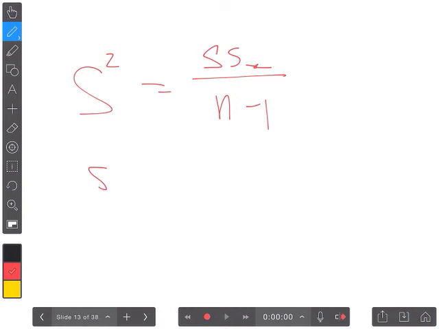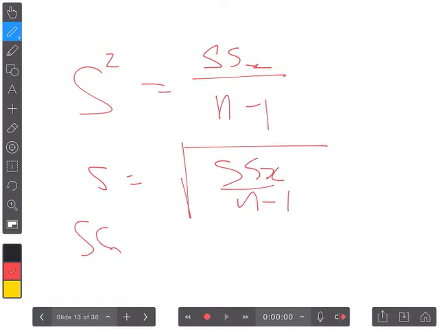And remember how we get S. S is just the square root of SSX over n minus 1. But we have a formula for SSX, which we said was the sum of xi minus x bar squared, right? That's the sum of squares, but I gave you a shortcut formula. I'm going to keep it at this level for now because it will show you what we mean on the other side.